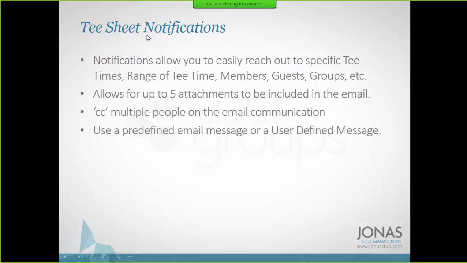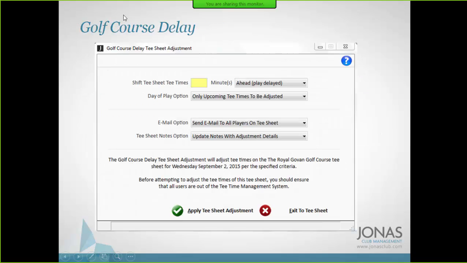Now, in conjunction with this T-sheet notification talking about frost delays, maintenance delays, you also have in the T-sheet system the ability to do a course delay, which will effectively push back a bunch of tee times over a specific time range. So again, for our frost delay, I may want this system to say, look, all the players booked tomorrow from 6 a.m. to 10 a.m., I want you to push them back by, and you dictate how far, 15, 20 minutes.